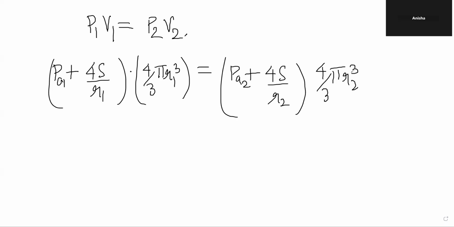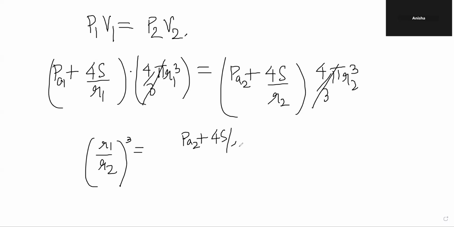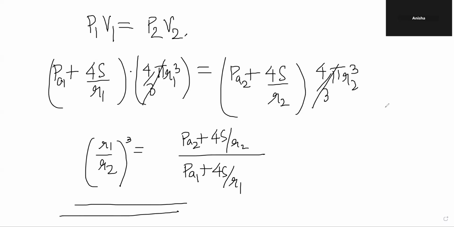Here you will get R1 cube by R2 cube ratio, and this will be power 3. That would be similar to what we got earlier, but this time it is power 3 here.